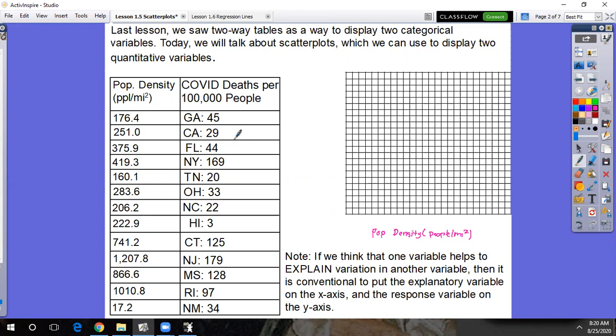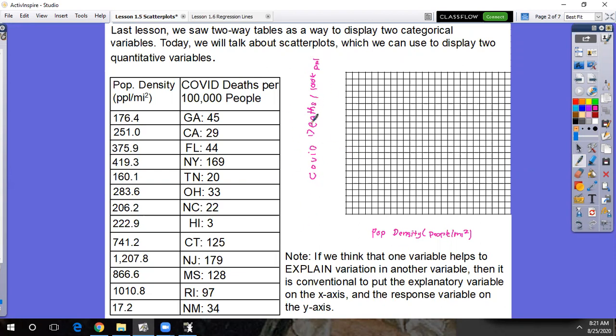And then over here, let's see if I can do this the best I can, right sideways. This is COVID deaths per 100,000 people. All right, so that's the best that I can write sideways like that.